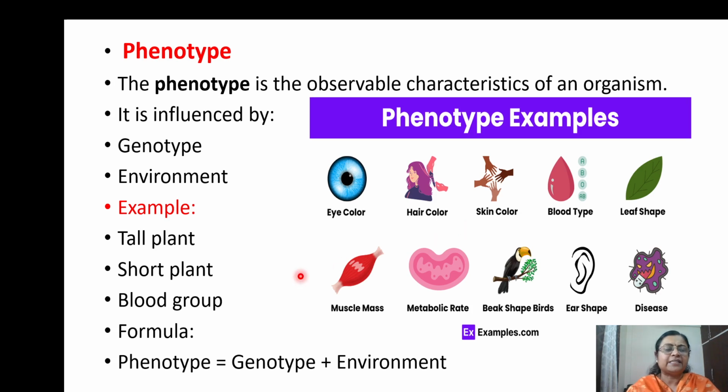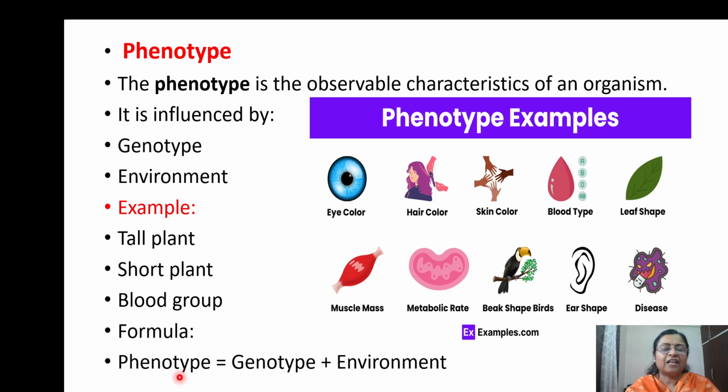For example, eye color of a person, hair color, skin color, blood type, leaf shape, muscle mass, metabolic rate, beak shape in birds, ear shape, and diseases. So tall plant, short plant, blood group, and all these are examples of the phenotype.